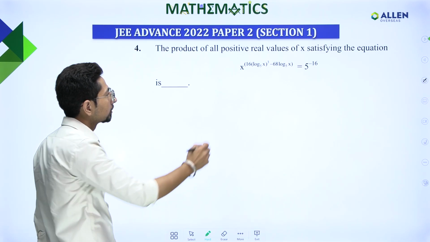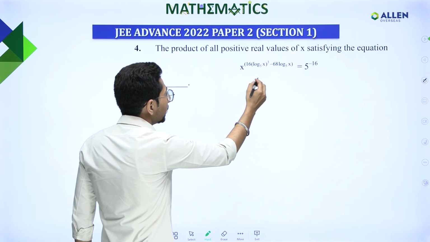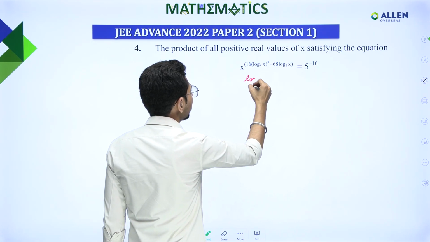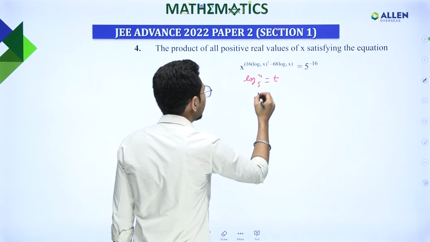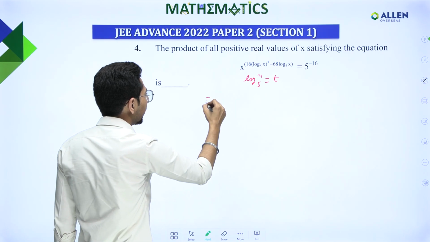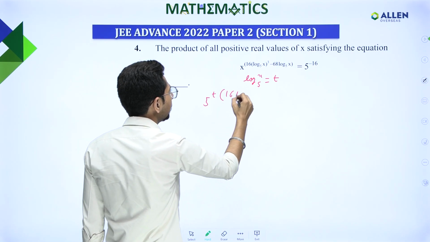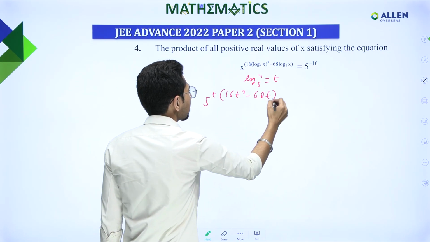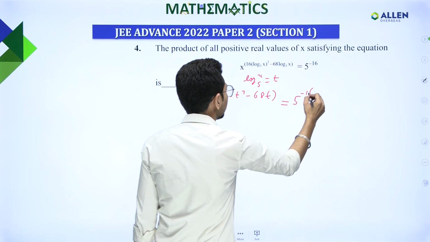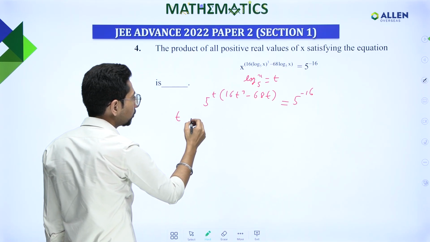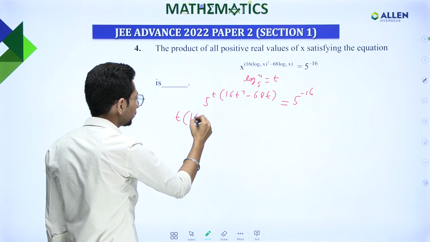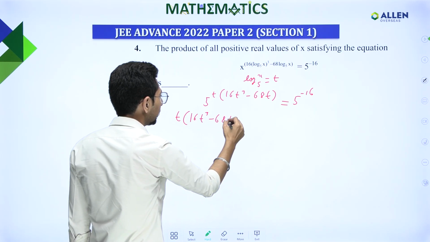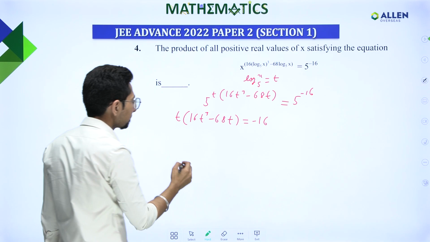Next what we have is an easy question. What you have to do is simply take log x base 5 equals t, right? x will be 5 power t. So writing this as 5 power t, 16 t cube minus 68 t, this equals 5 power minus 16. So comparing both the powers, t into 16 t cube minus 68 t is equal to minus 16, right?